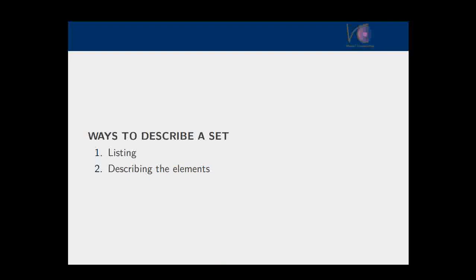Now, in the beginning I said we have three simple ways. What is the third one? The set builder notation. This is the third and most important approach we can look at, which is basically the more general approach in describing a set.